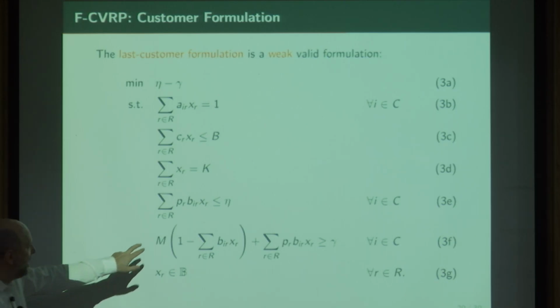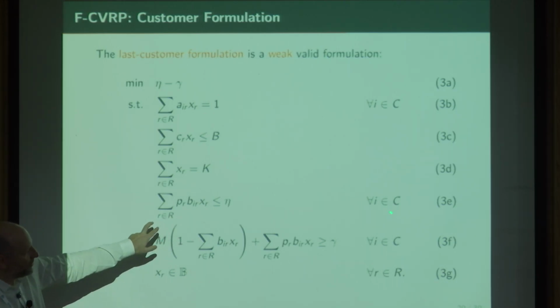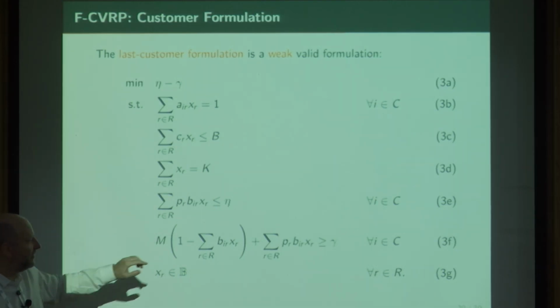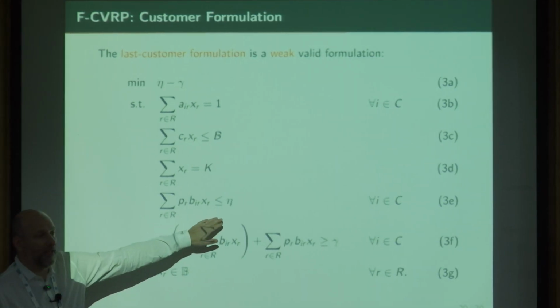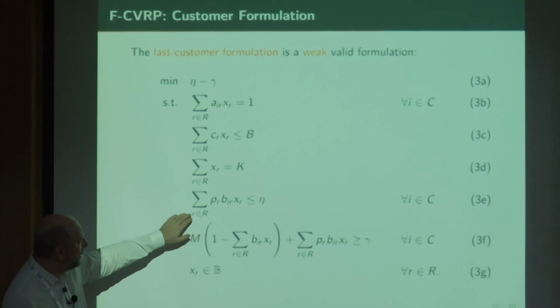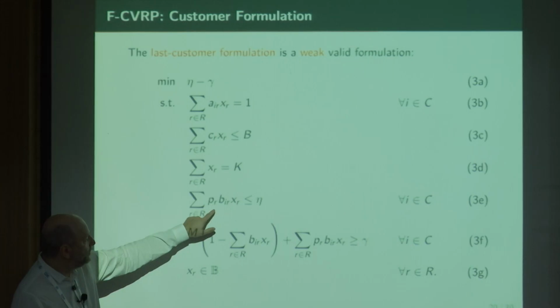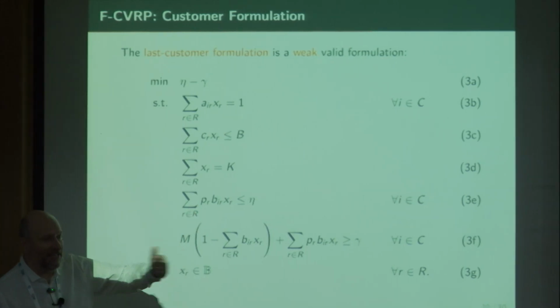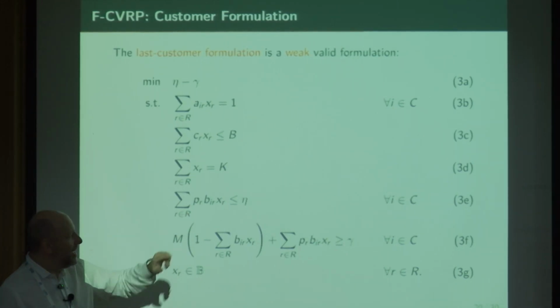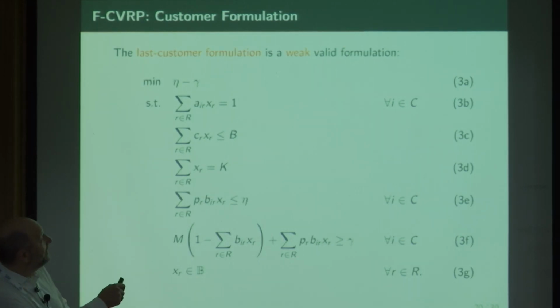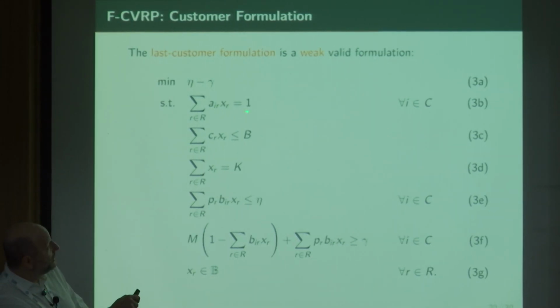In this way, you have a constraint per customer. So this constraint is actually enough for measuring eta. It says, if I look at all the potential routes in which I is the last customer, of course, I is covered only once because of this constraint.